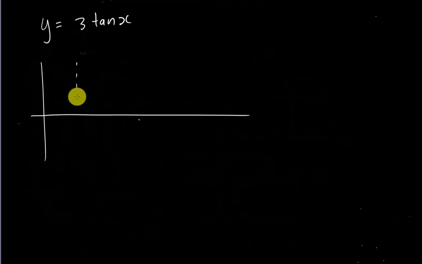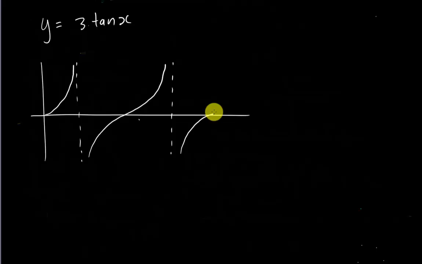Tangent normally, if they give you 3 tangent x, the amplitude doesn't mean much, because for tangent graph you do not have the maximum or minimum value. So if I do 3 tangent x, what I will do is draw exactly the same, like the 3 is not there, because tangent can go to a value of a million or a billion, depending on your calculator.